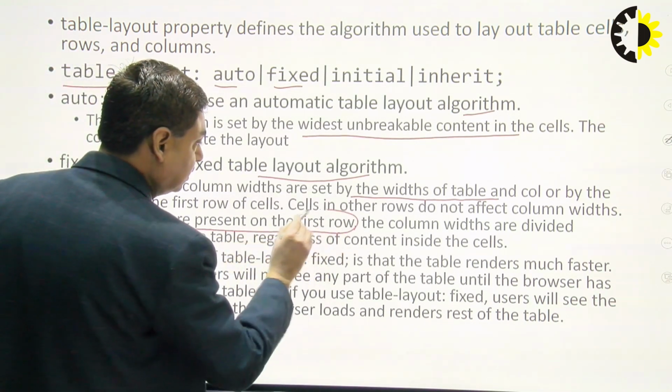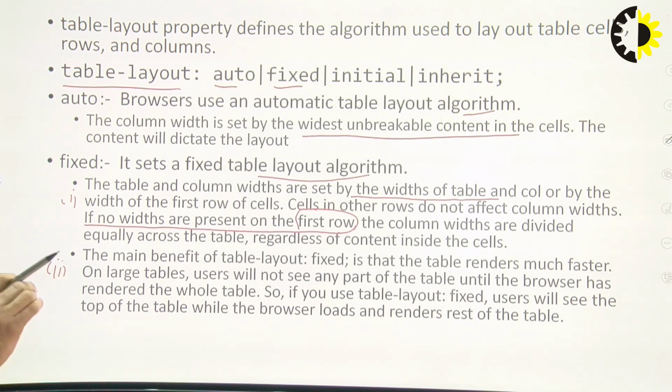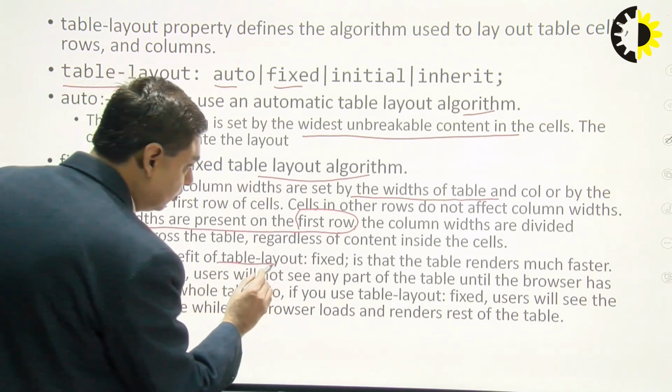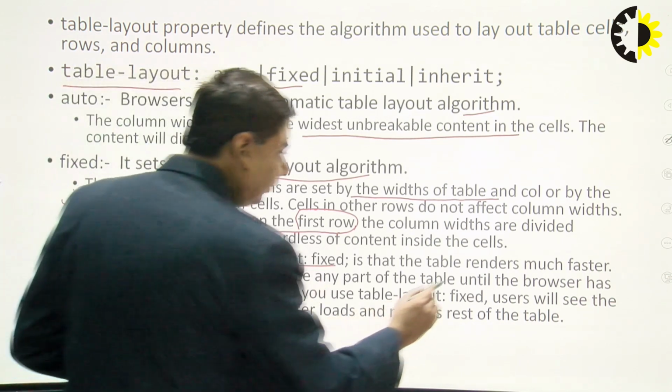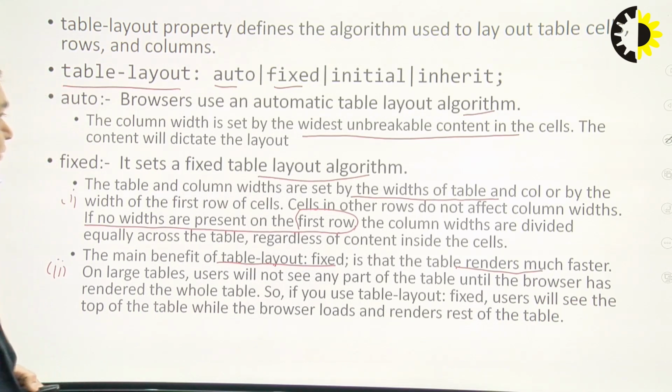So the width of the table will be set by the first row. Whatever the first row is, the width is given accordingly, the other widths will be set and the content will be adjusted accordingly. The main benefit of table-layout fixed is that the table renders much faster than with the automatic layout.